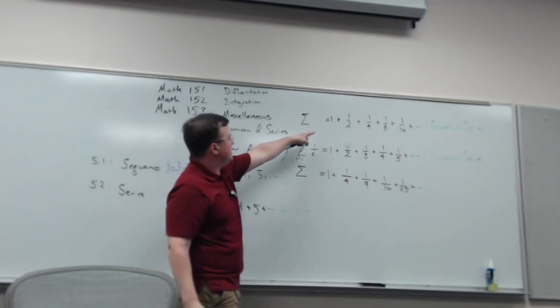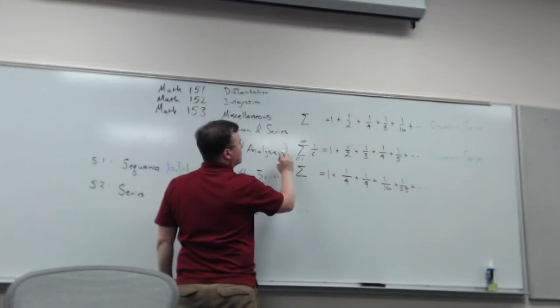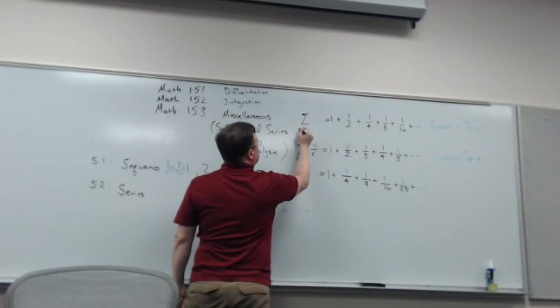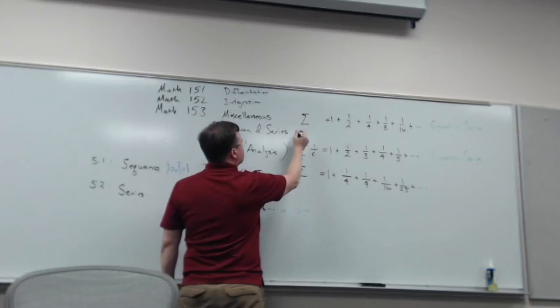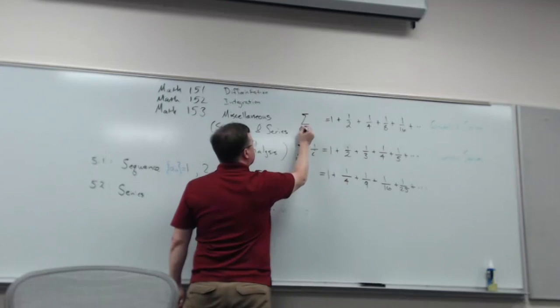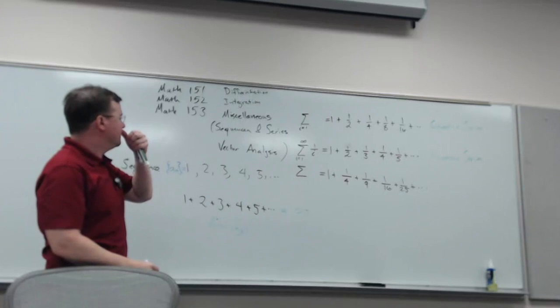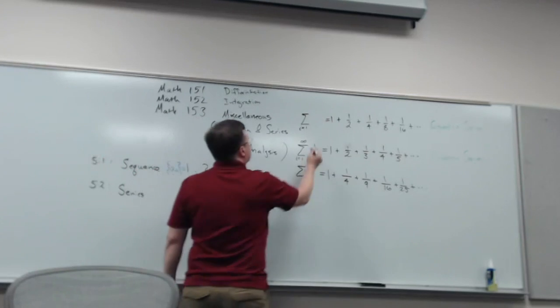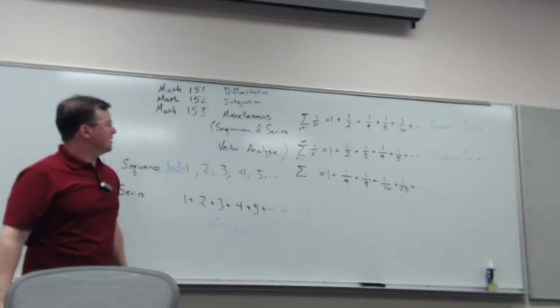And in this case, what would this one be? It's 1 over 2i, kind of like even numbers.